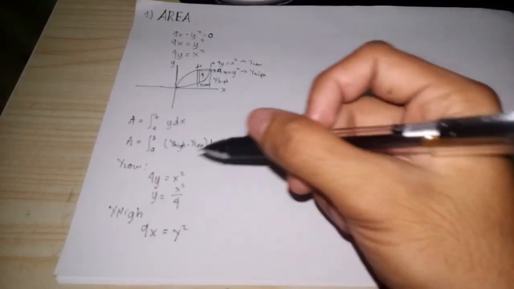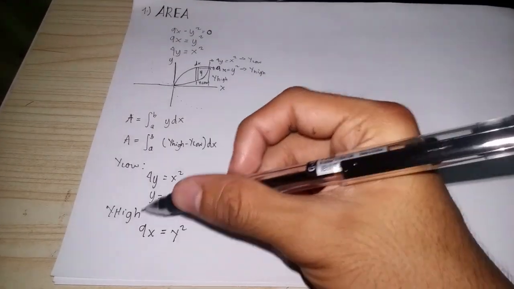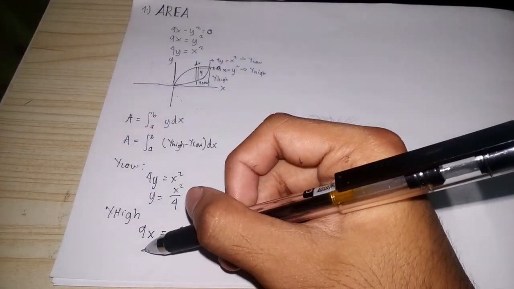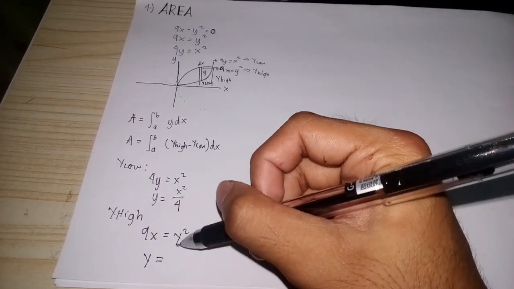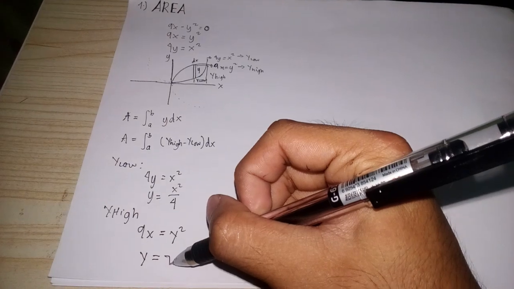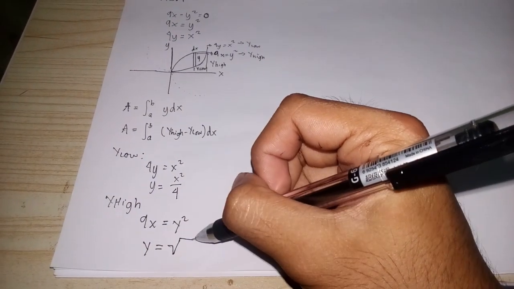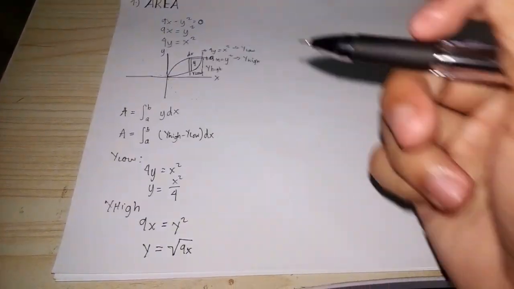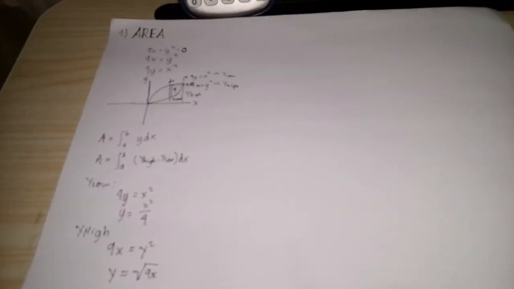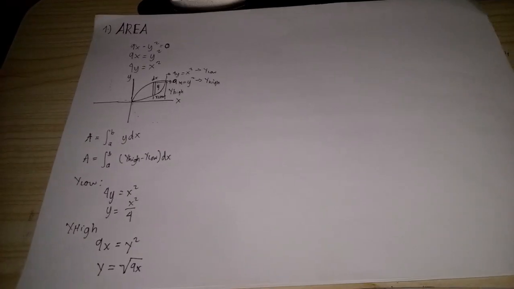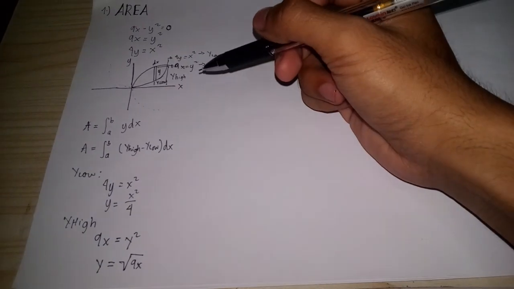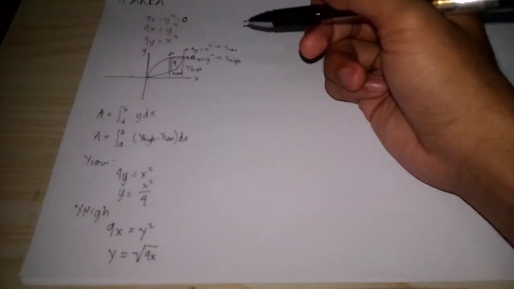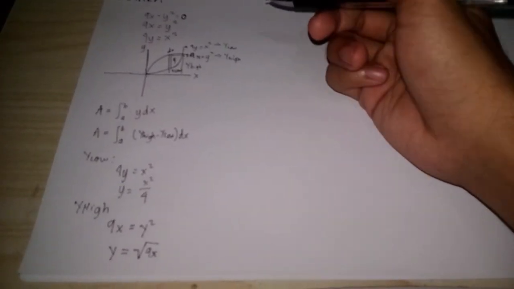So isolate y, square root, then y now will become what? Or y will become the square root of 9x. So now, since we already have our y high and y low, our next step would be to substitute this into our formula.